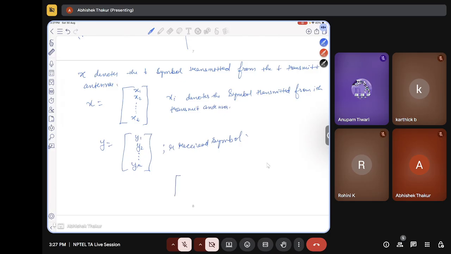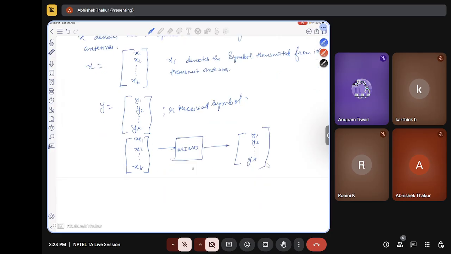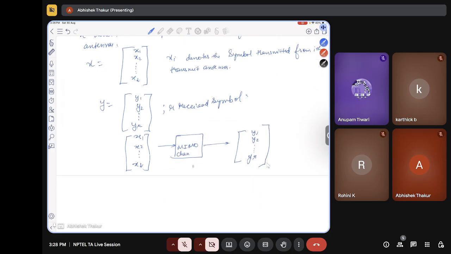Basically in a MIMO system, the transmit symbol is Xi and the received is Yi. And this is our MIMO channel.